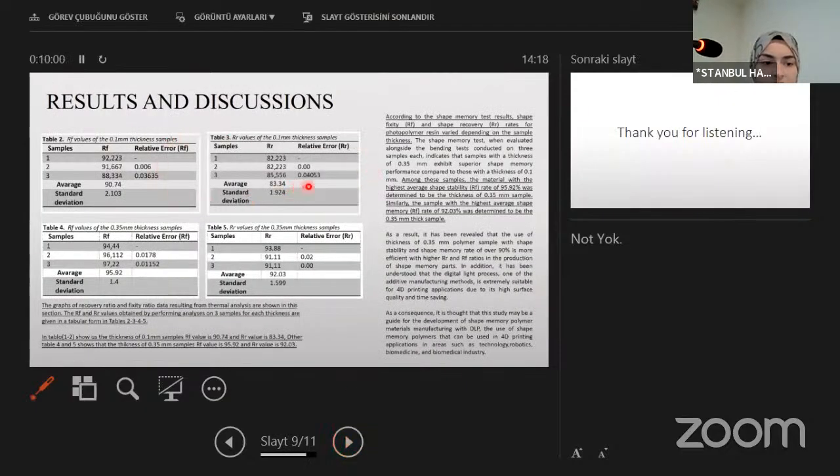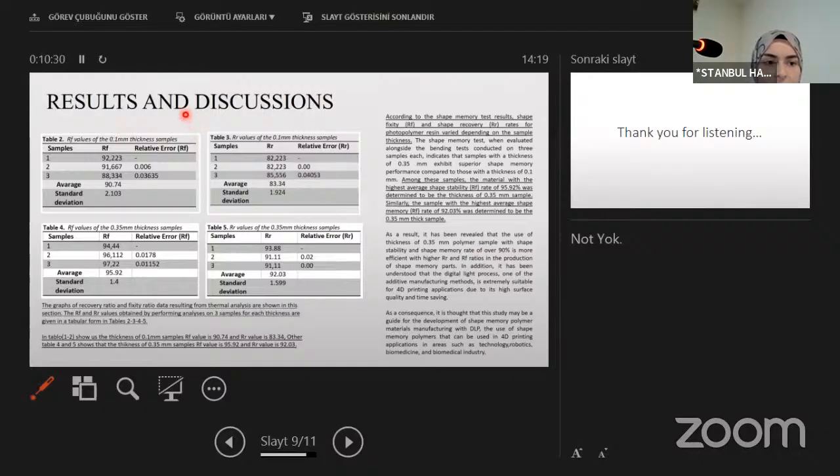These graphs show the recovery ratio and fixity ratio data resulting from thermal analysis. The RF, meaning shape fixity ratio, and RR, meaning shape recovery ratio, values obtained by performing analysis on 3 samples for each thickness are given in tabular form in Tables 2, 3, 4, and 5.